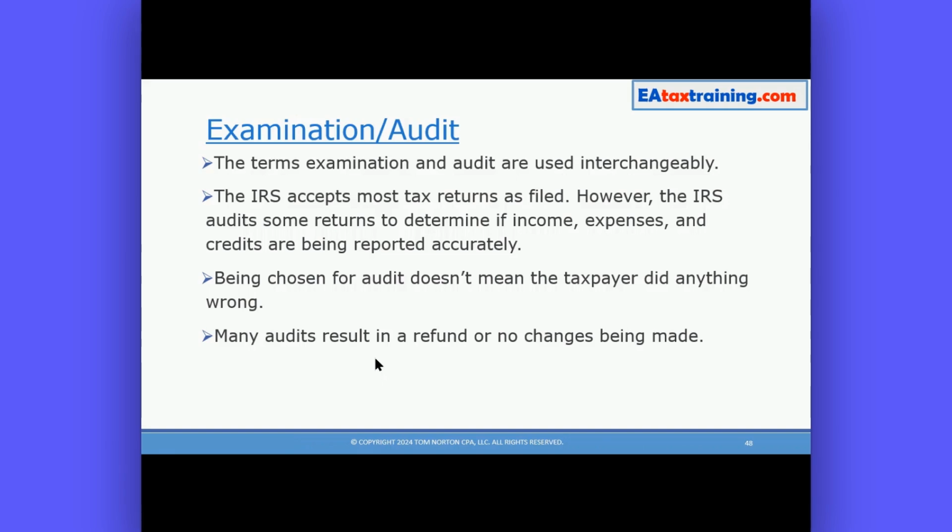You did everything correctly. The IRS looks at it, says, yep, you did everything correctly, nothing due, and they move on. And believe it or not, if they look at your return and say, no, you made a mistake, and we, the IRS, owe you money, they will send you a refund. That doesn't happen as often as the no change, but it does happen sometimes.